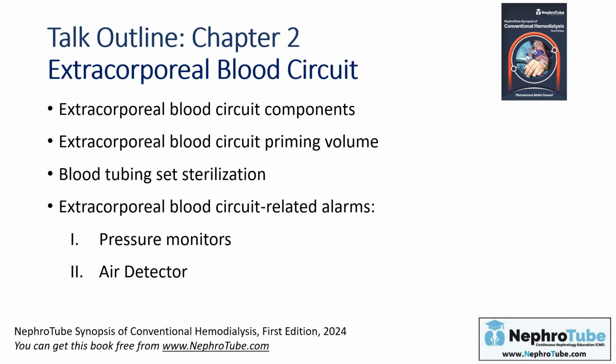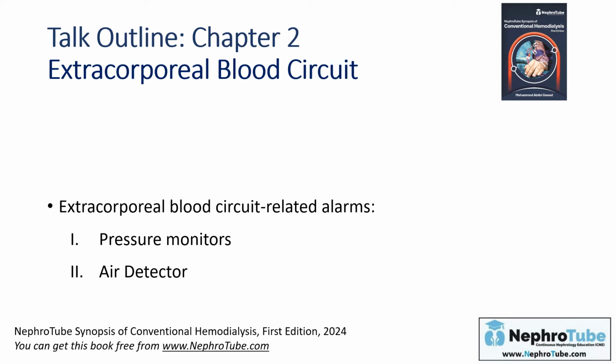The coming point for discussion related to the extracorporeal circuit is the alarms related to the extracorporeal circuit. We have two alarms related to the blood circuit, which are the pressure monitors and the air detector.